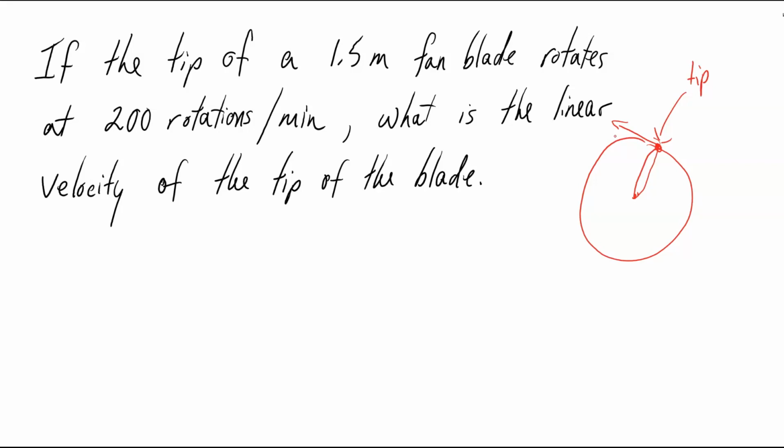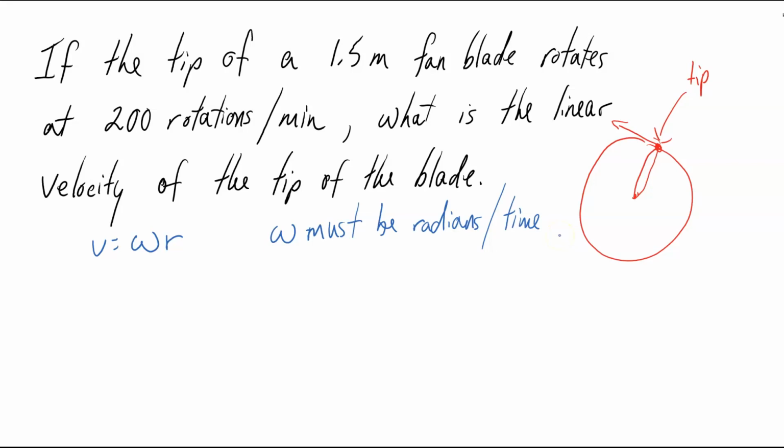That linear velocity is equal to the angular velocity multiplied by the radius, and the angular velocity must be in radians per time.